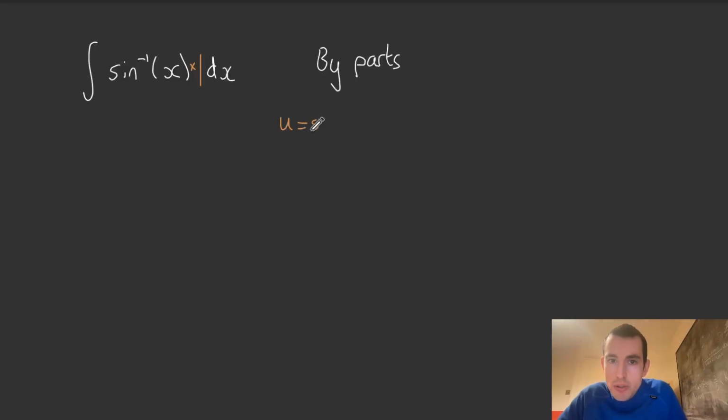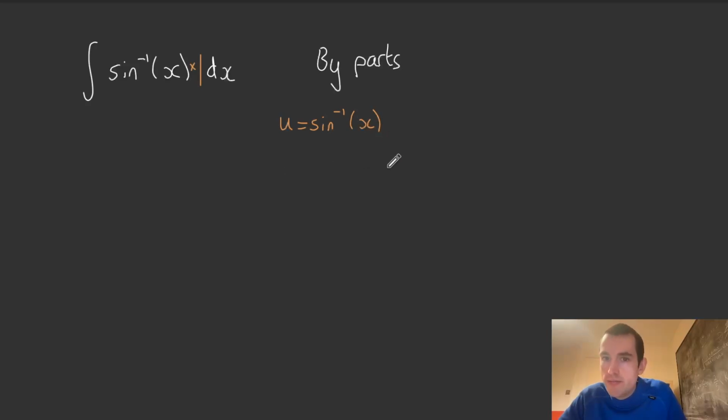So the final integrals I want to talk about are the inverses of the trig functions, like this. The method that we want to use and that you need to know is by parts. There's not exactly two functions multiplied together, so we have to use that trick we saw in the by parts video, where we times it by 1, like this. We make u equal to sine to the minus 1 of x.